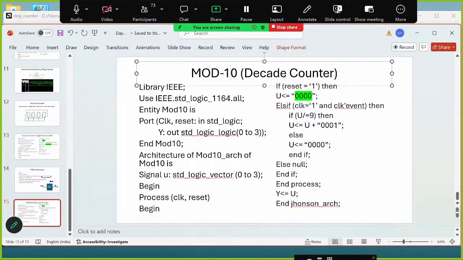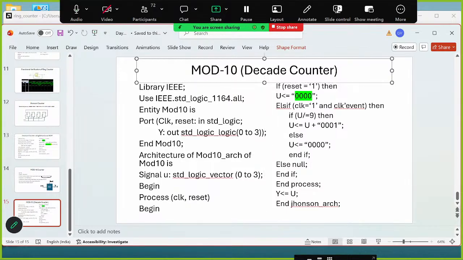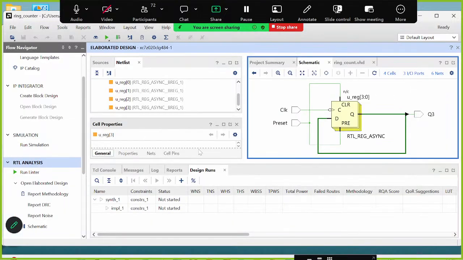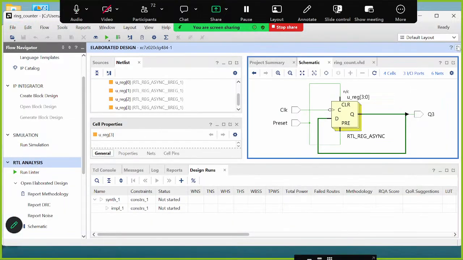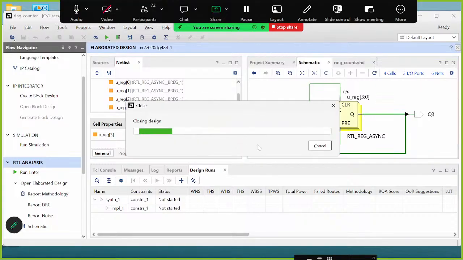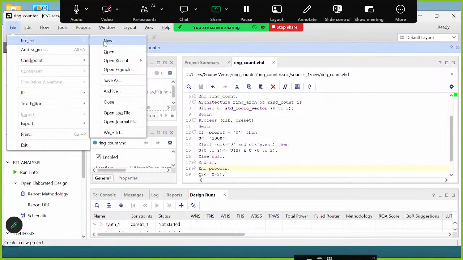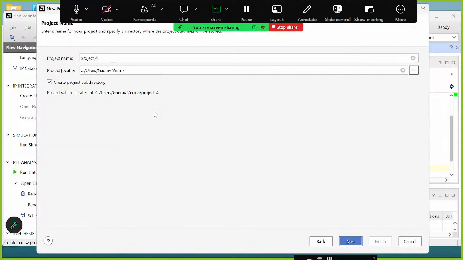We can test that in the software if you want. For that, let me close this and create a new project. File, project, new. Next.